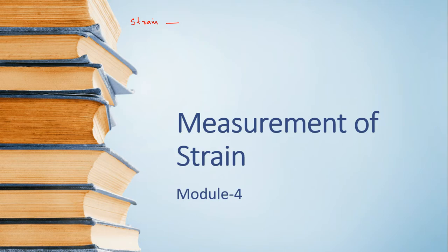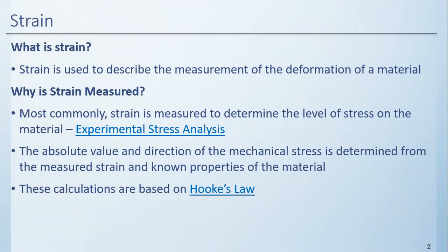Now, why is strain to be measured? Why do we need to measure the strain? The intention is simple. We are measuring strain so that we can analyze the stress.